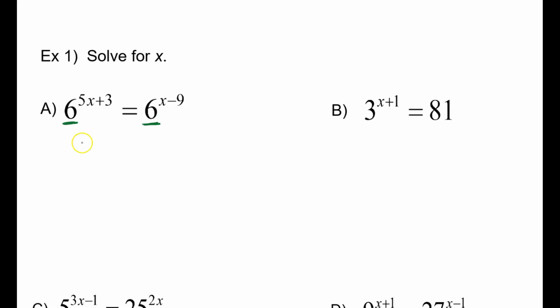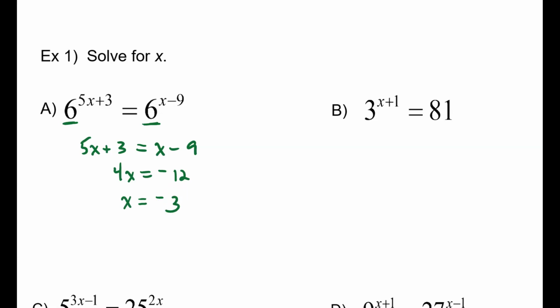So I'm just going to take that 5x plus 3 that's on the left and set it equal to the x minus 9 on the right. And now do we have a nice easy equation we know how to solve? Yes. All right, subtract the 1x from both sides. I'll get 4x on the left. Subtract the 3 from both sides. I get negative 12 over here. Divide both sides by 4, and x is equal to negative 3.